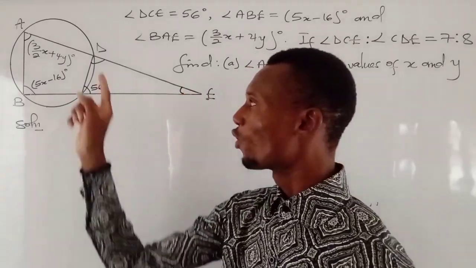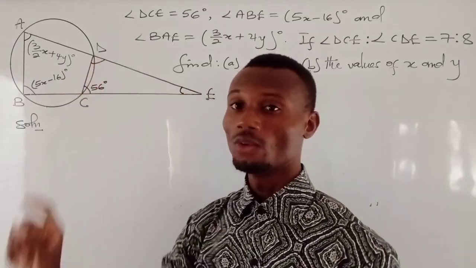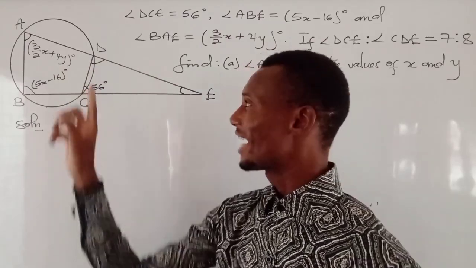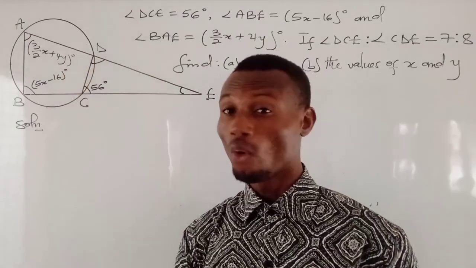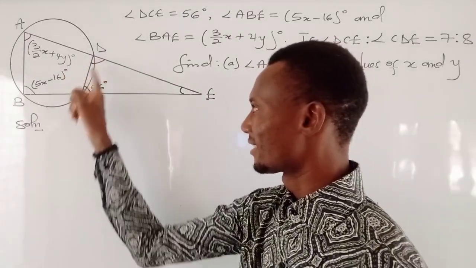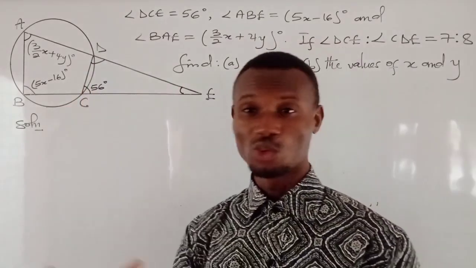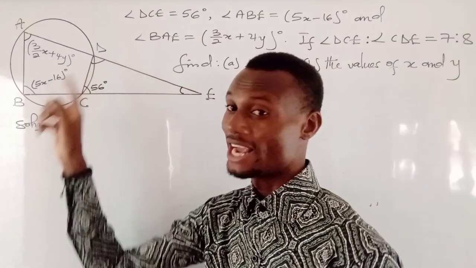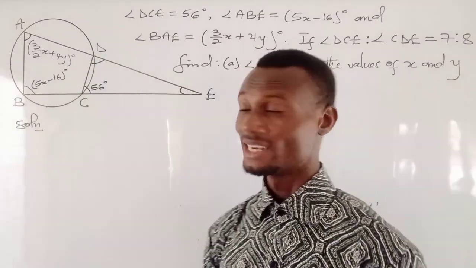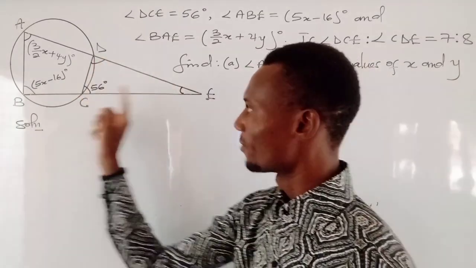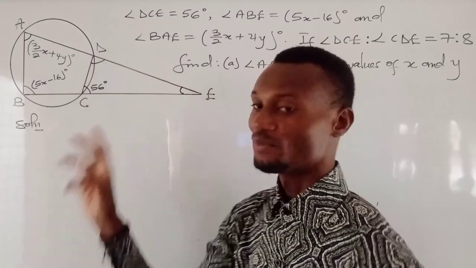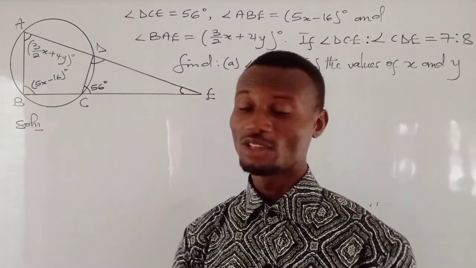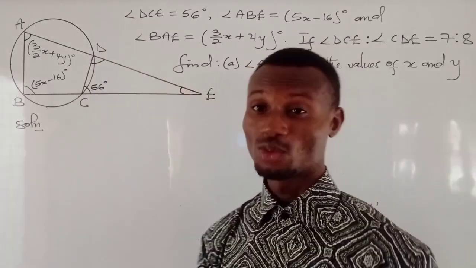But we don't know the angle which is formed here, so until we find it, we cannot go ahead and add this plus this and equate it to 180 degrees. We need to find the angle here before we can proceed and add the angles formed inside the triangle CDE and equate it to 180 degrees. That will help us know this side that you are looking for.